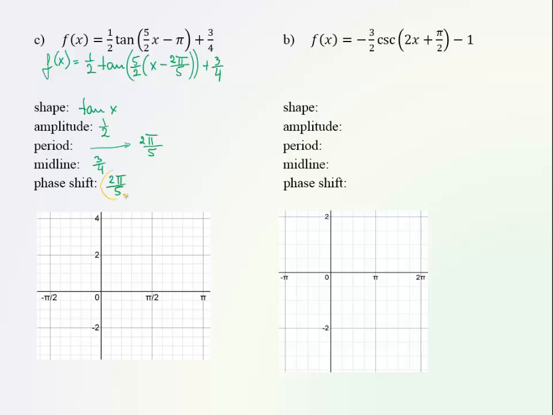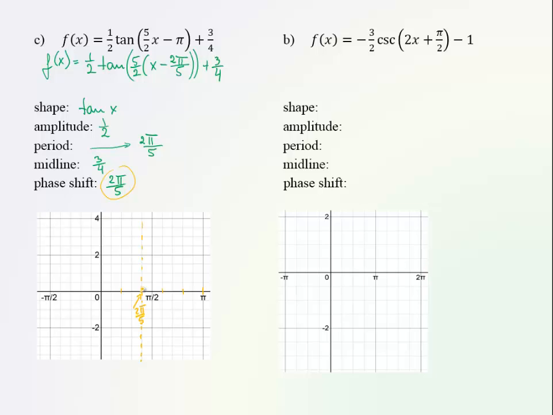So as before, start with the phase shift, 2 pi over 5. If I have the segment pi, if I divide this into 5 equal subsegments, then 2 of them, that means this point, will be exactly 2 pi fifth. Fantastic. So this is the center. It works like the y-axis before for the tangent.